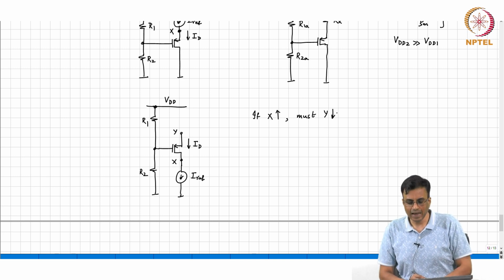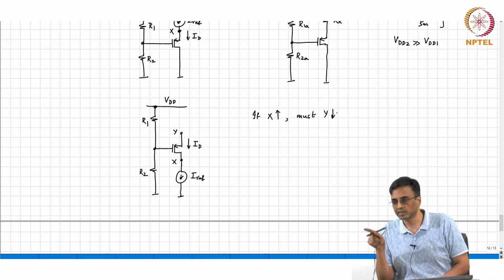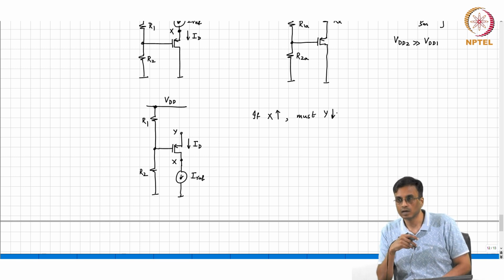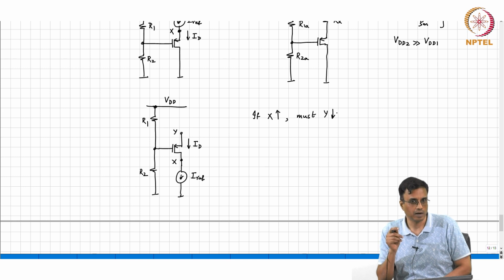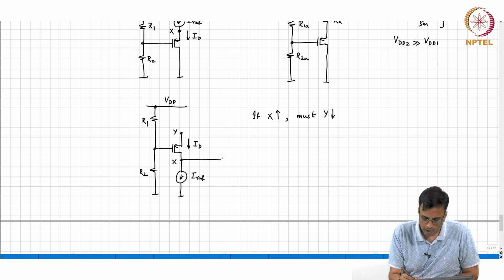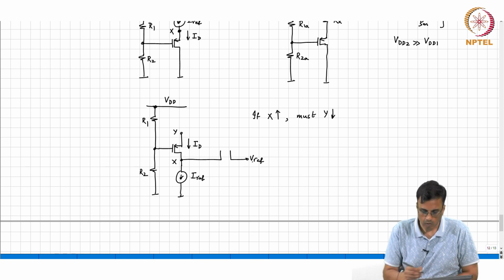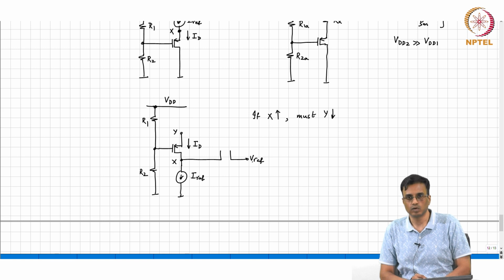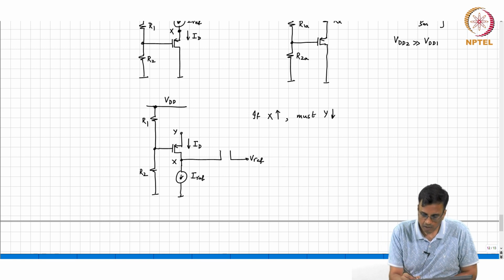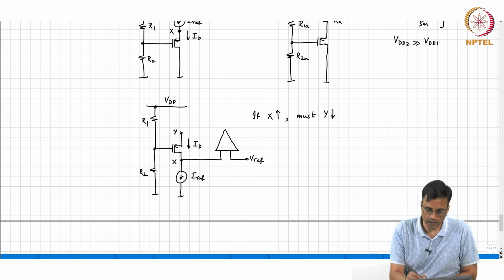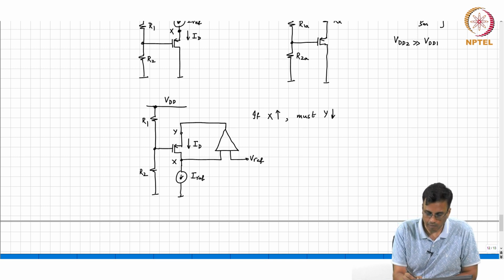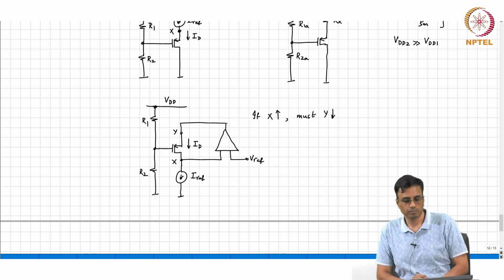The only way ID will be exactly equal to Iref is when the potential of node X is constant, right. So, basically you compare the potential of node X to a constant, some Vref, and use an op amp to kick Y in the right direction.